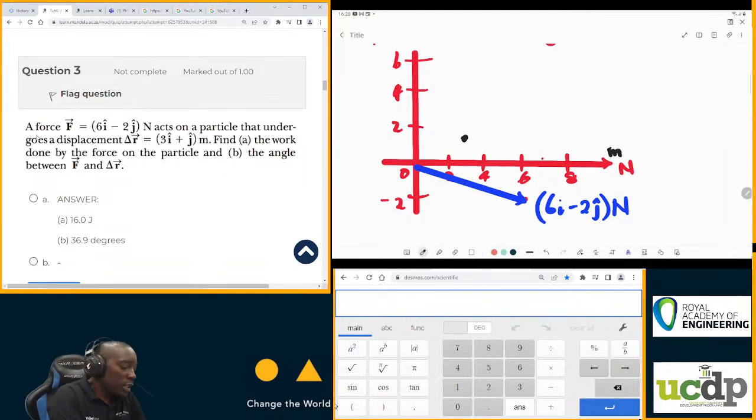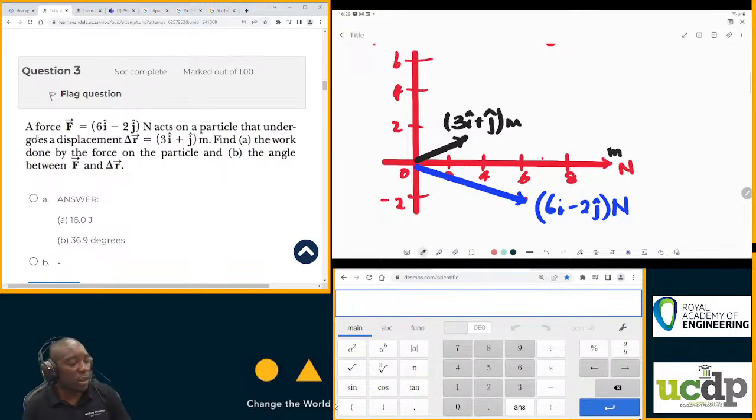So that's in meters, i plus j meters. Okay, so we have a different scale there. It's not basically the same Cartesian, but we're just showing a picture of what's happening in this system.